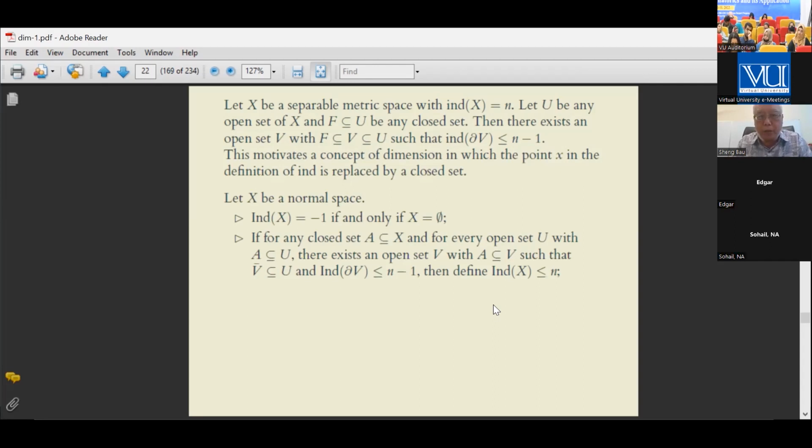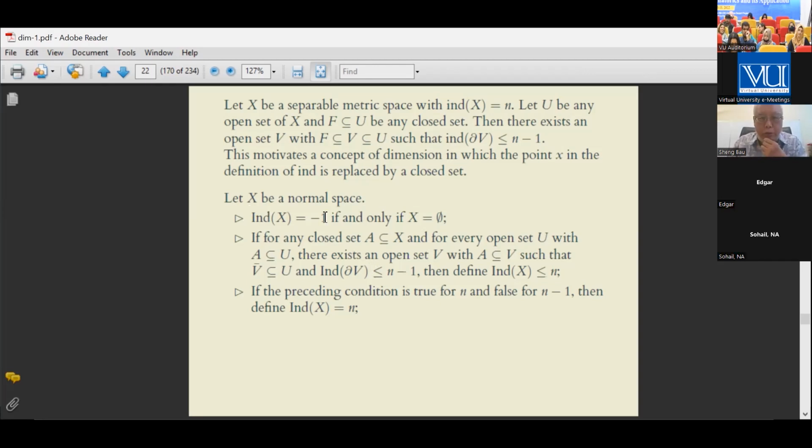It has three clauses: initial clause, inductive clause, and completion clause. We are now looking at normal spaces, which means that any two disjoint closed sets each have an open set containing it, so that the open sets are disjoint.